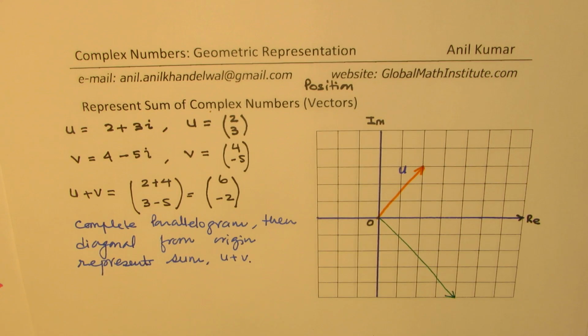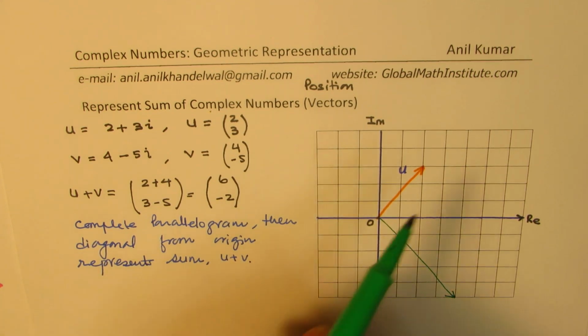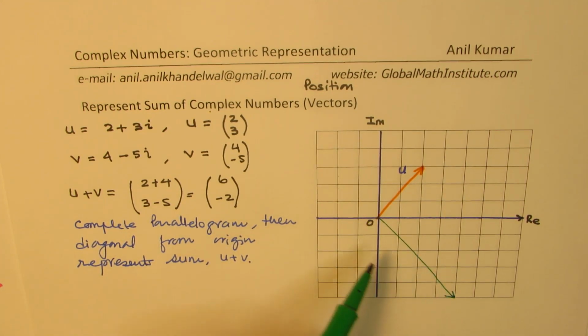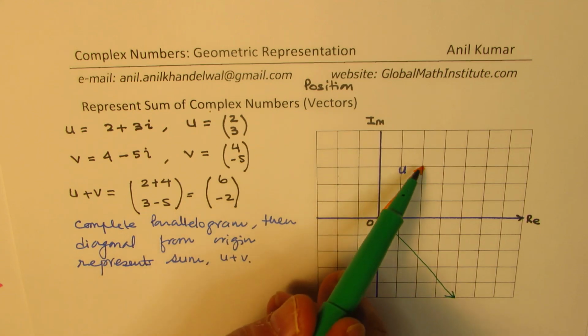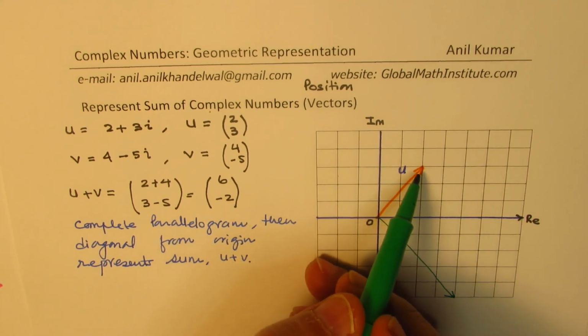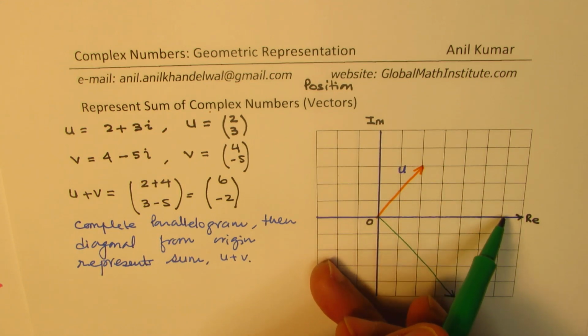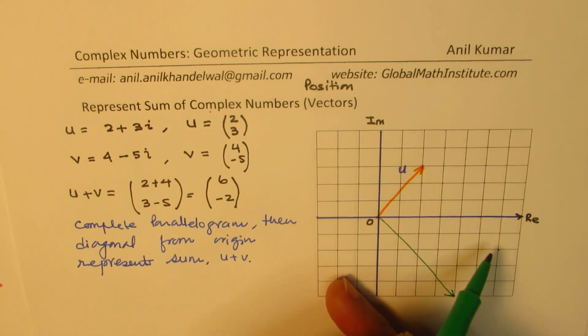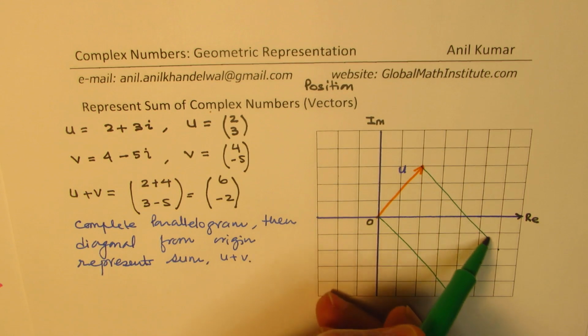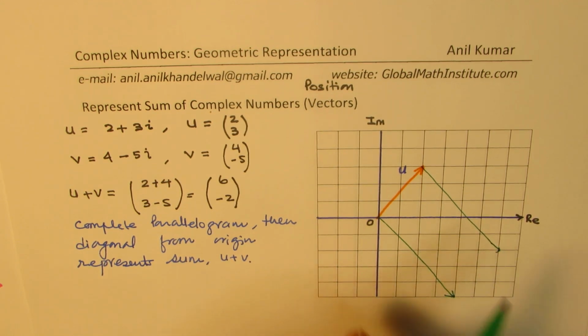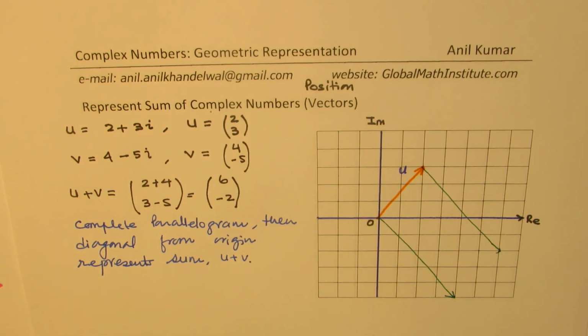So let's do this. Drawing a line parallel, from here, 4, minus 5, we can go from here 1, 2, 3, 4, and 1, 2, 3, 4, 5, right? So that should be connected to form a parallelogram, correct?